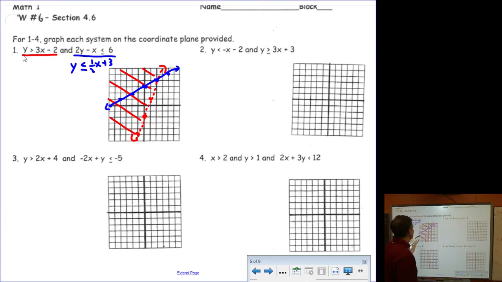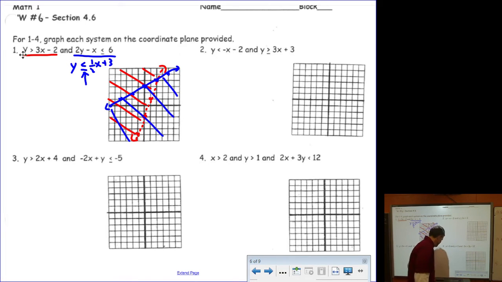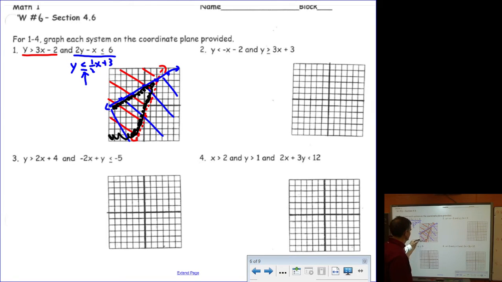And it is less than, y is less than, so I'm going to shade underneath the line. And so my region of my graph that is shaded by both lines is this wedge right in here. And so my graph would look something like that.